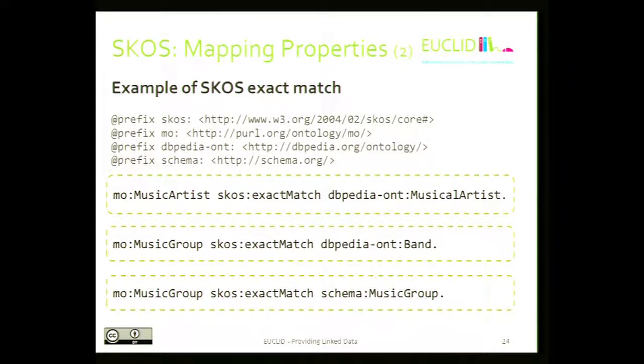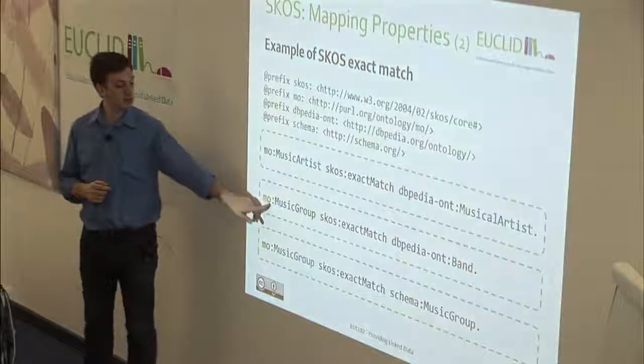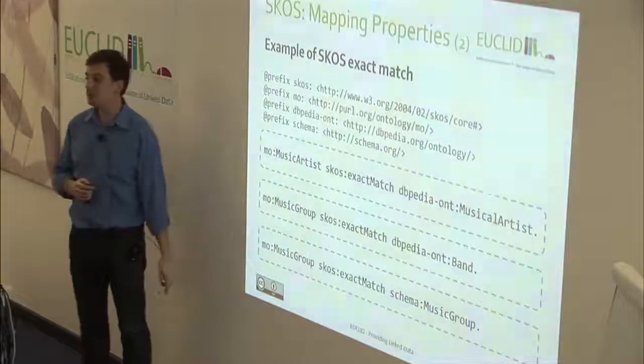If we didn't, as we've seen the ability in the previous module to do in OWL, say, we want to impose this and get all of the inference, that means those classes have one another's members, but we did want to indicate that there's some exchangeability here. We might use SKOS, even outside the SKOS world, to say there's an exact match between the class music artist in music ontology and musical artist in DBpedia. Similarly, music ontology's music group and DBpedia's band.